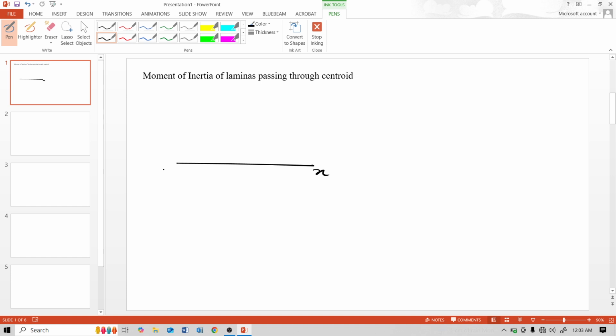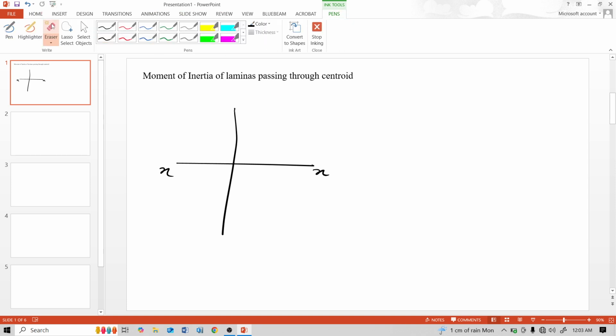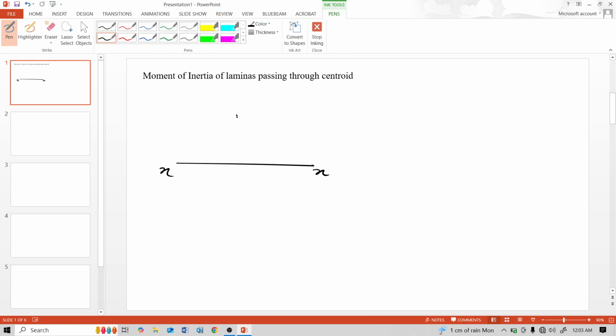This is the x-axis and this is the y axis, and the rectangle is at the centroid of this x and y axis.